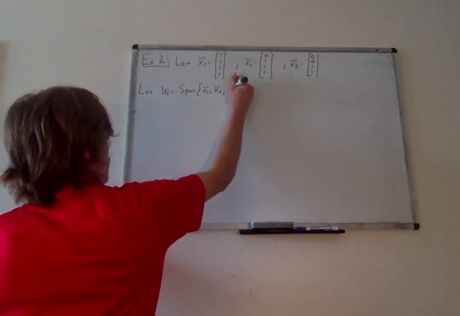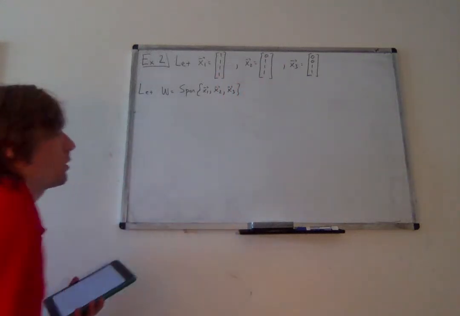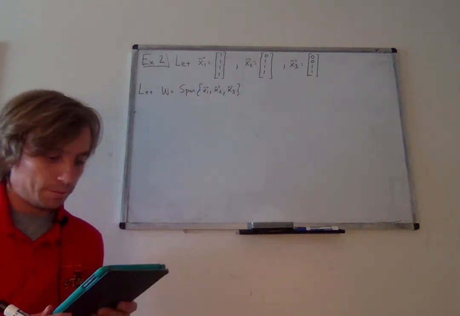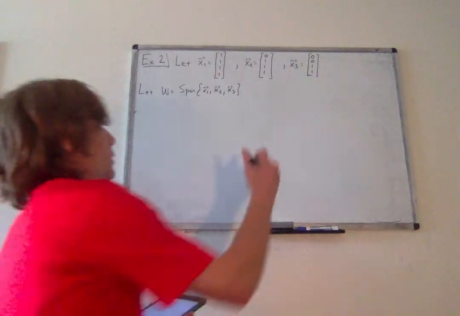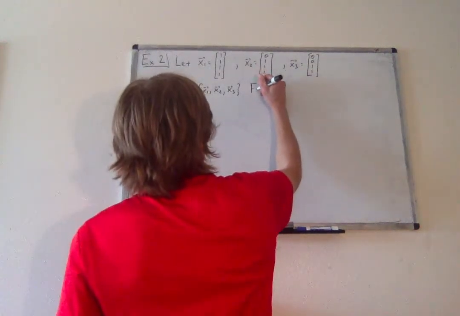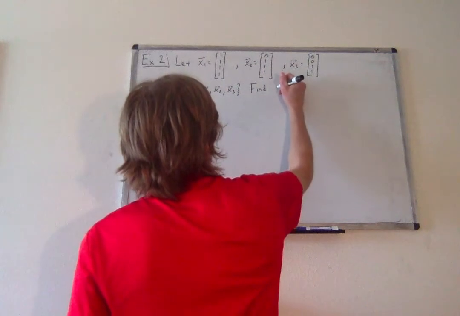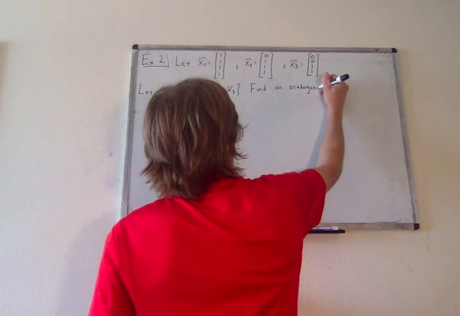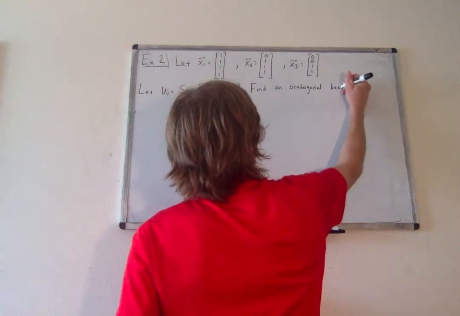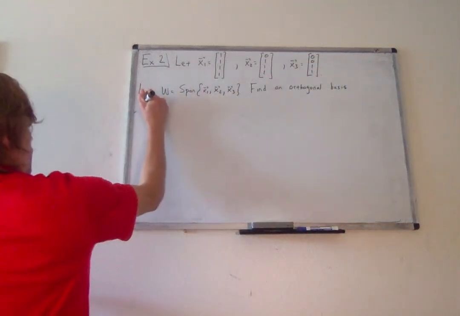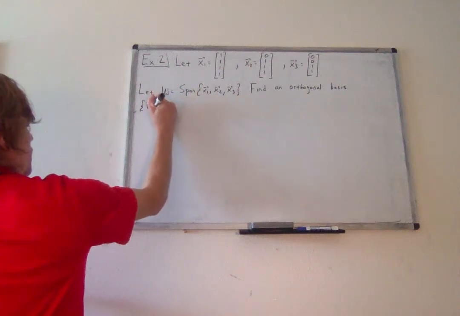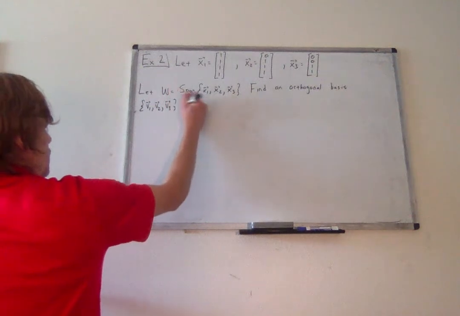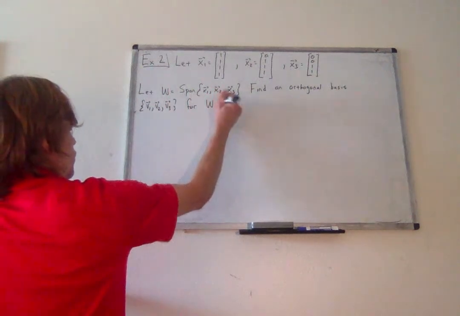We'll take it on assumption that these three vectors are linearly independent. And so we want to find, using these three vectors, an orthogonal basis v1, v2, v3 for W.